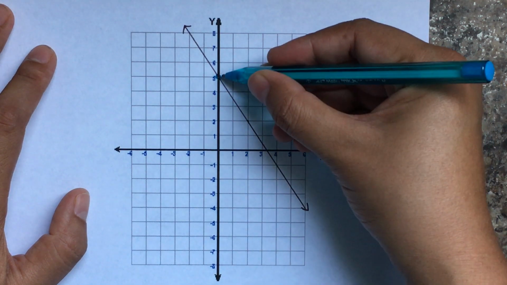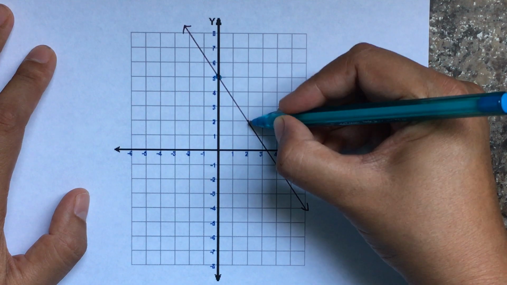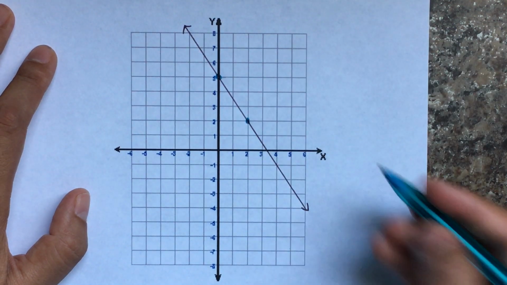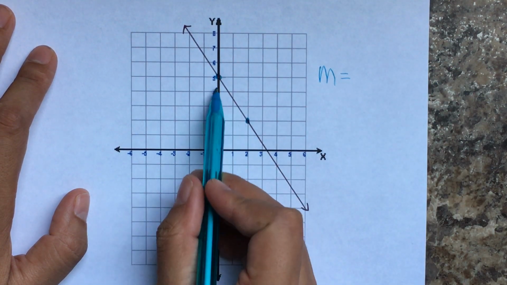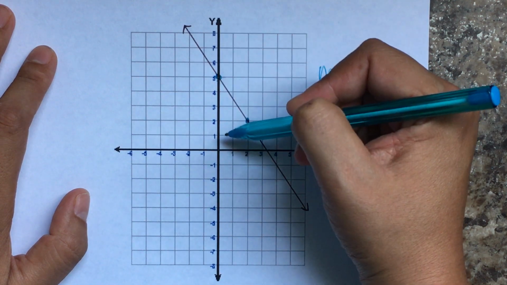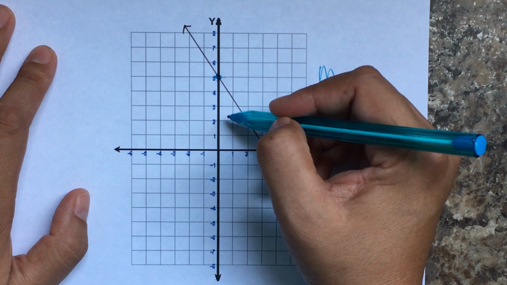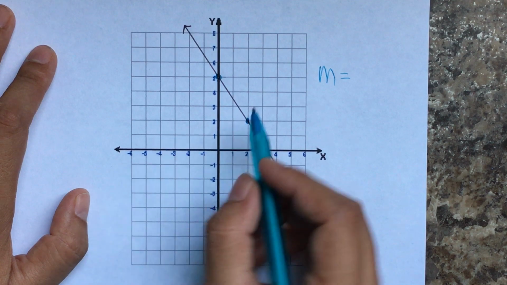And maybe, let's see, this one is not it. Where can I find one where it's exactly in the corner of a T? So right there. And so I start counting. I count to get there, from here to there. Remember that you always travel first on Y and then on X. Okay, first up and down, and then left or right.